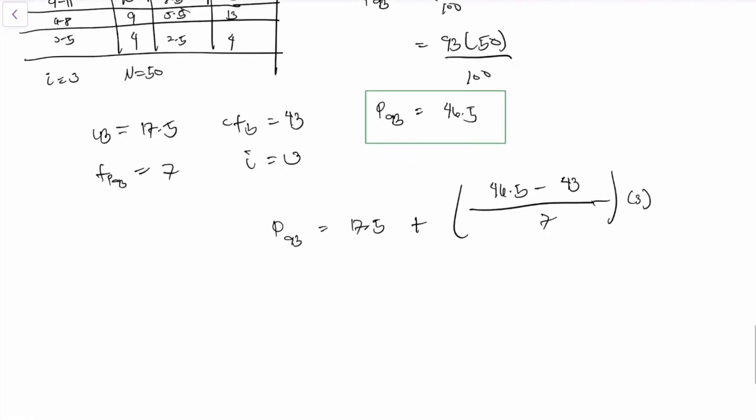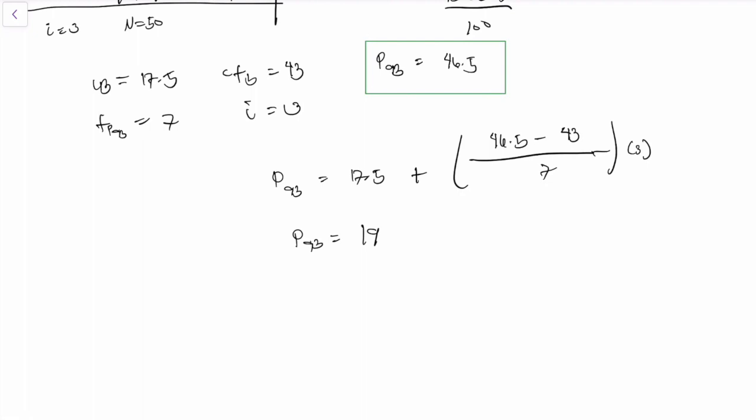So for P93, plug the values into the calculator: 17.5 plus 46.5 minus 43 over 7 times 3. So you have 19.